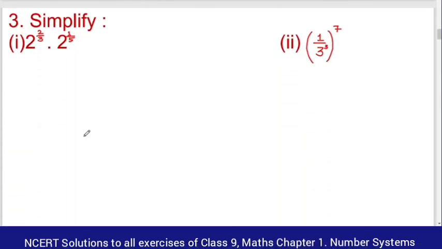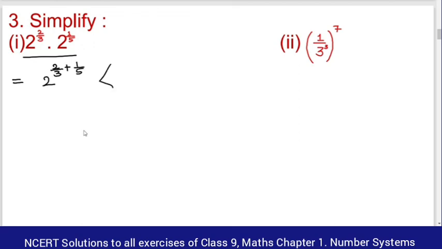Question number 3. Simplify the following. First one 2 to the power 2 by 3 into 2 to the power 1 by 5. It can be written as 2 to the power 2 by 3 plus 1 by 5. Here we have used the formula a raised to m into a raised to n is equal to a raised to m plus n.